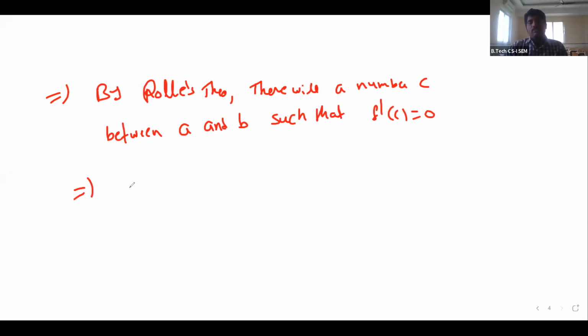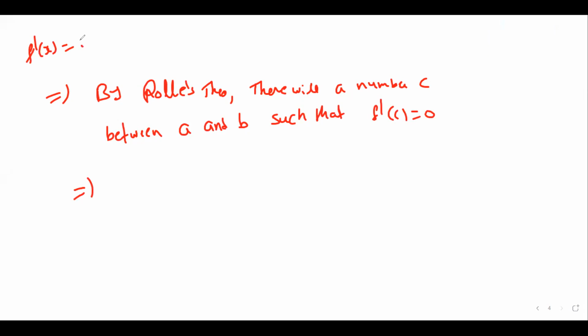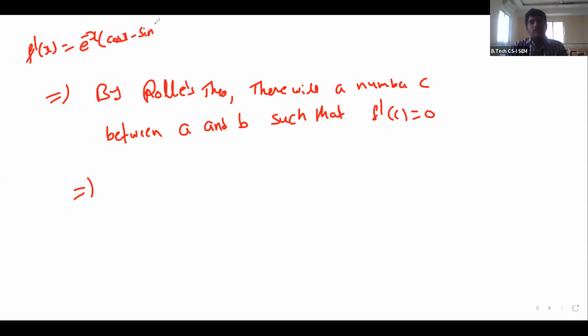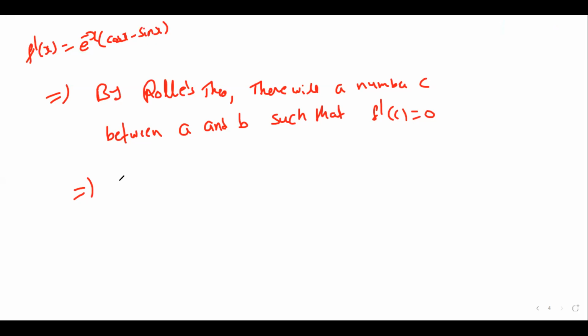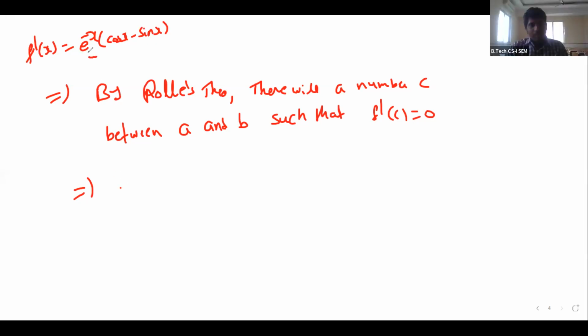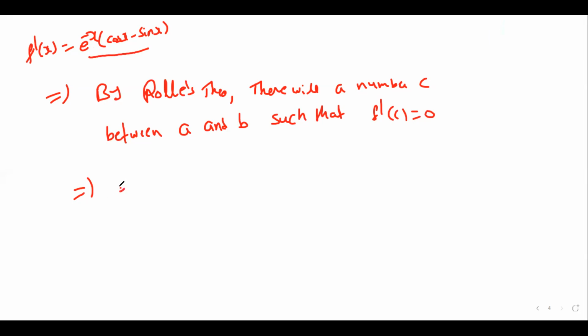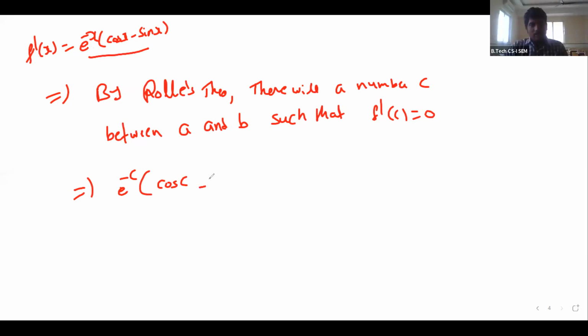Now what does f dash c is equal to 0 mean? What is f dash x? Look into your notes and tell me what is f dash x. e power minus x into cos x minus sin x. Now boys, tell me what is f dash c. e power minus c into cos c minus sin c is equal to 0.